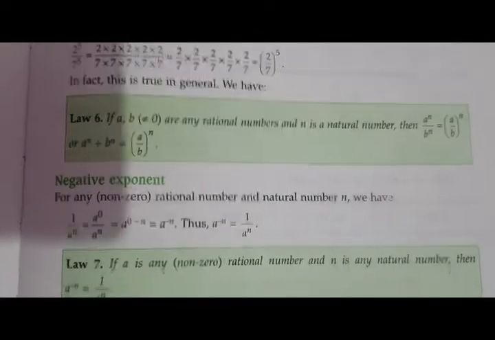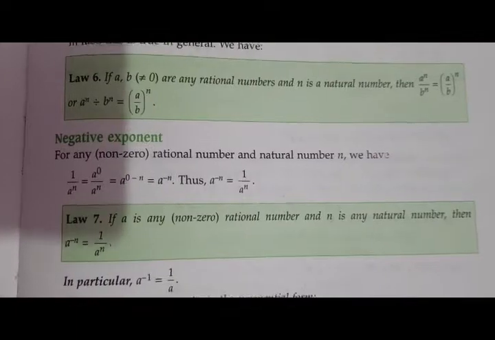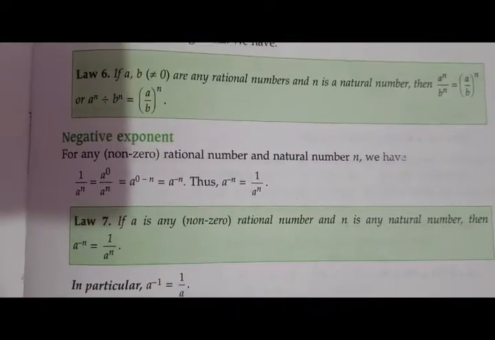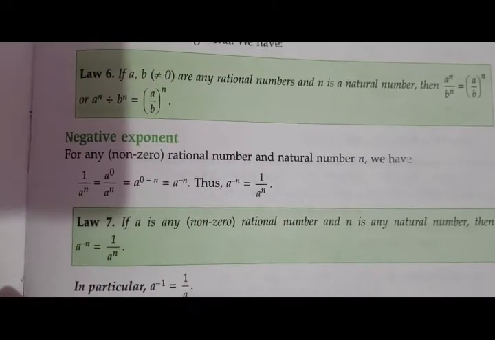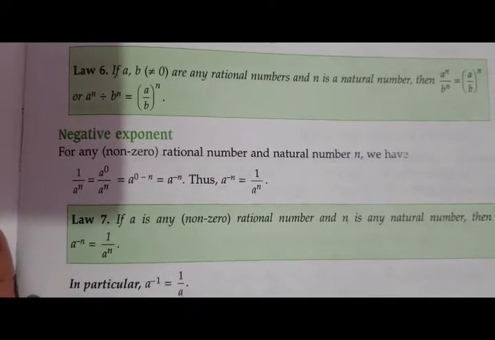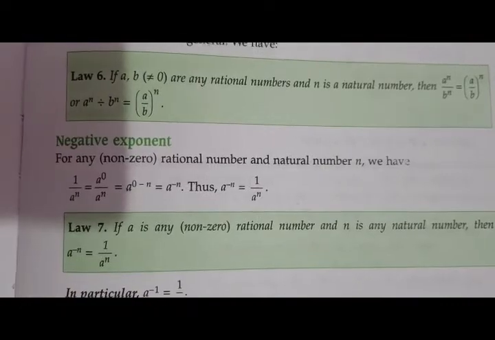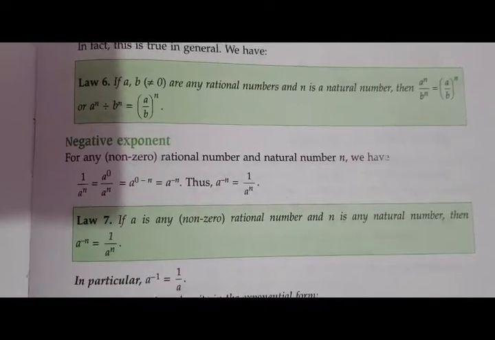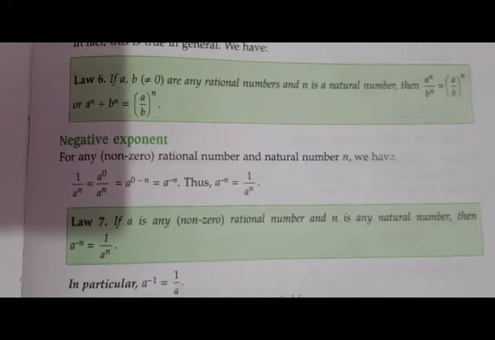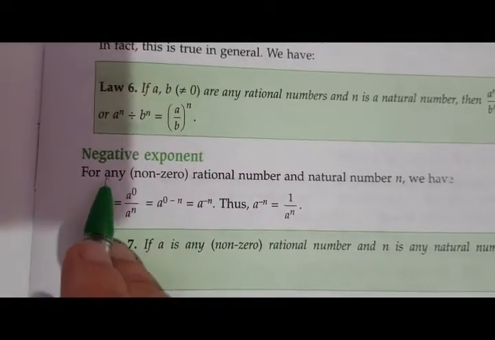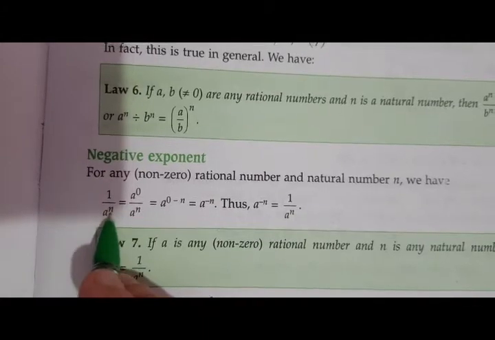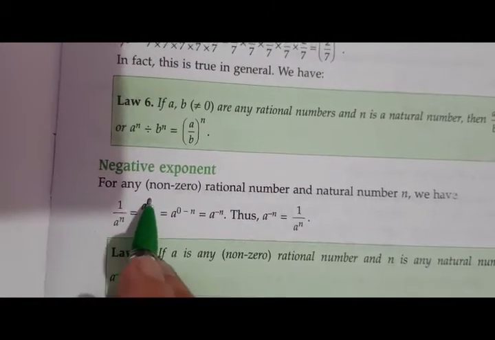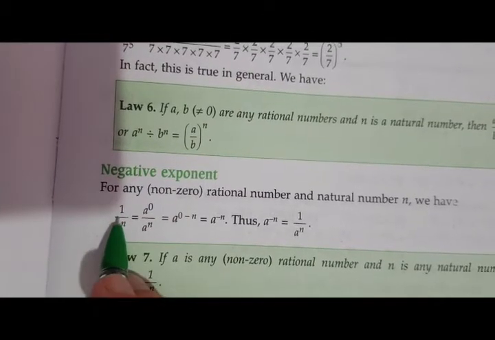Law number 6 done. Law number 7, the last law which you are going to understand. Suppose we have a, any non-zero rational number, and n is any natural number, then a to the power minus n is equal to 1 upon a to the power n. This means we write 1 upon a to the power n, and we have previously learned that 1 means a to the power 0, so we can take a to the power 0, which has the same value.